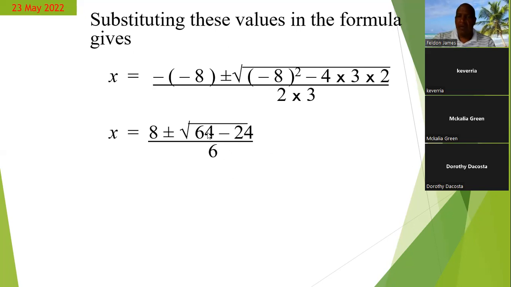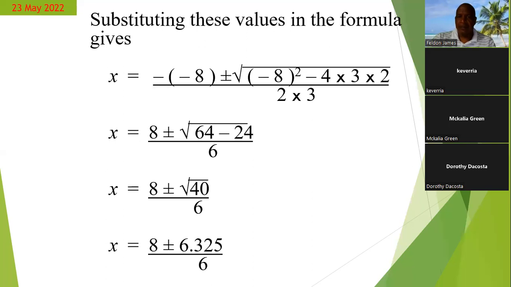All right. Now, continue to do the calculation under the root sign. So you take away 24 from 64. You will get 40. Then you will find the square root of 40.